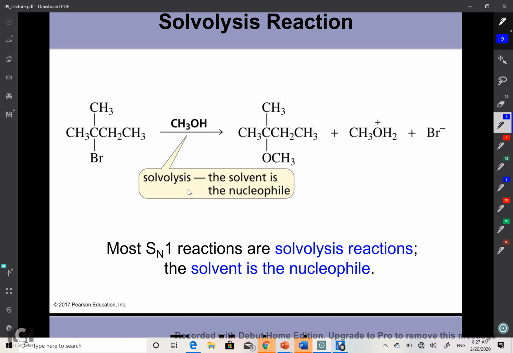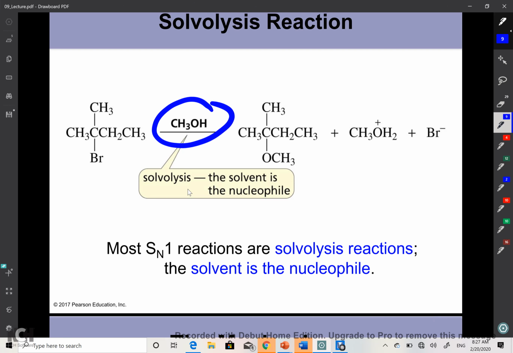Now, in most SN1 reactions, the solvent that you use is a nucleophile. Remember, the solvent can also act as a nucleophile even in the SN2, but the nature of the solvent also matters. So here, no matter the kind of solvent you use, what kind of solvent is this? Methanol, CH3OH. Is that a polar protic solvent or a polar aprotic solvent?